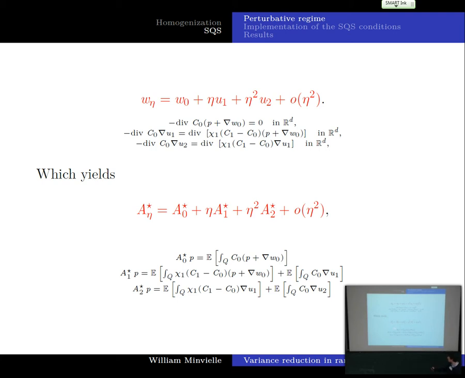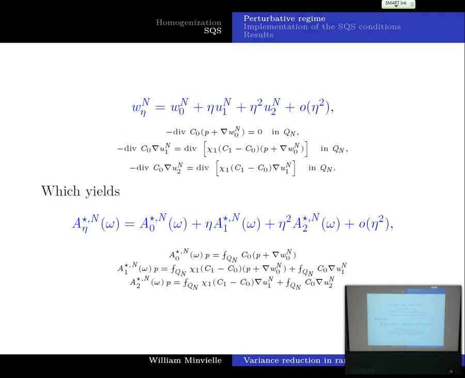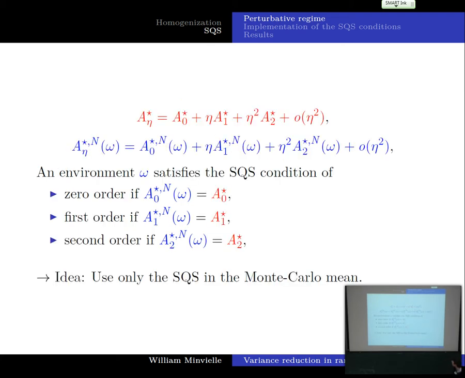And I've got some formula which I don't ask you to remember for now. Just remember that I've got a formula for A star, what I'm after. I've got also a formula for what I'm able to compute. I can also say that it expands as a power series in eta, and the same for the homogenized coefficient that I'm able to compute. That's the point. So why not try to make it so that they agree? Let's see if this comes back to the intuition of the mechanician people.